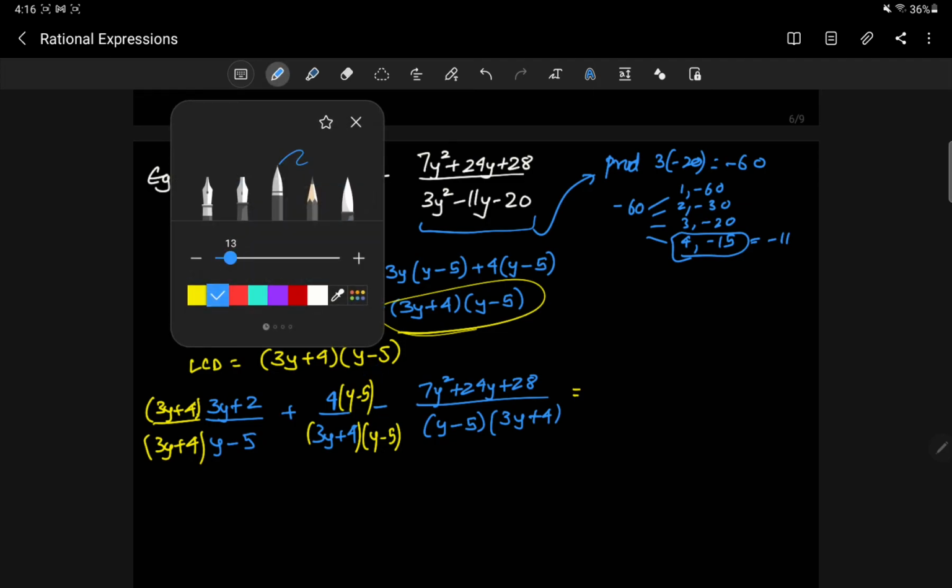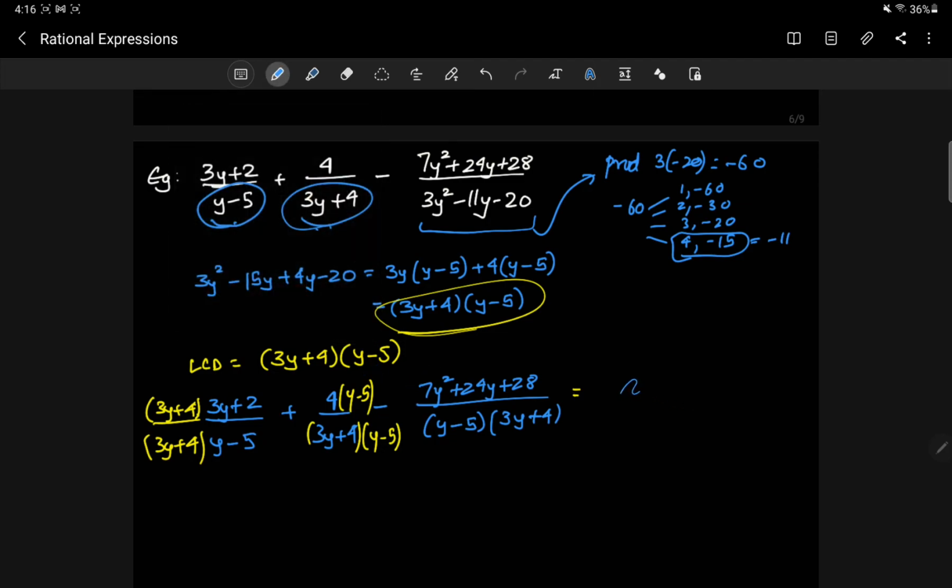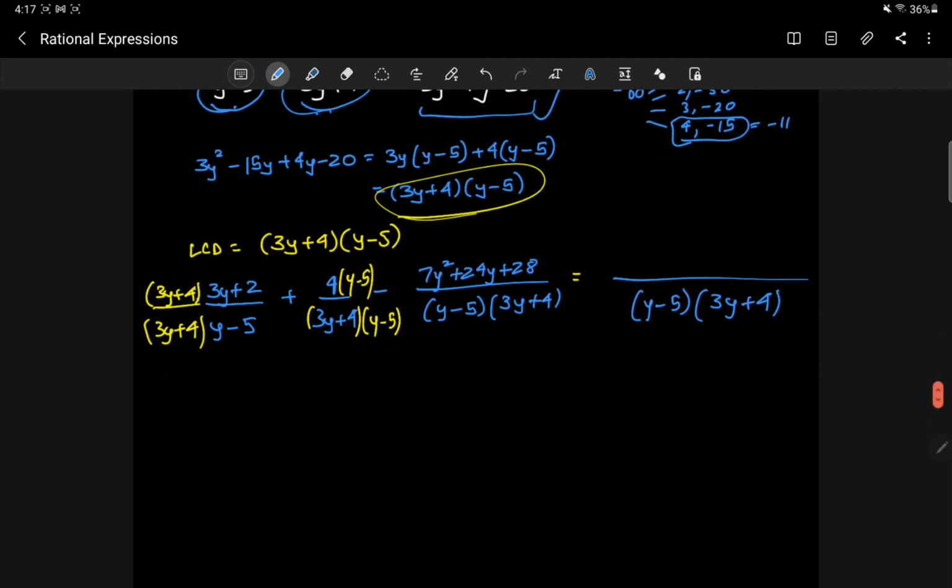Once we get that, my denominator is y minus 5 times 3y plus 4, and my numerator, actually I'm going to write that down here.